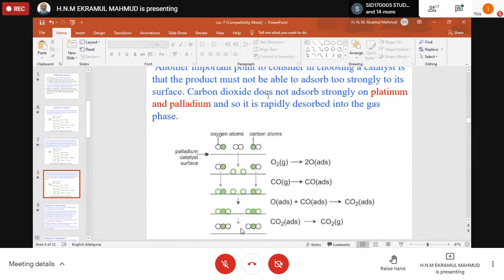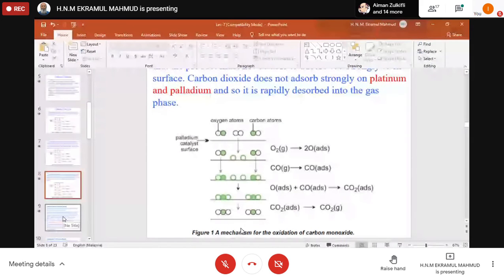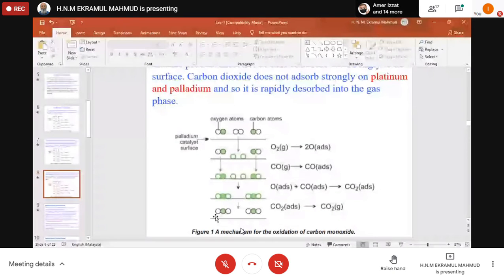So carbon dioxide does not adsorb strongly on platinum or palladium, and so it is rapidly desorbed into the gaseous phase. So this is the criteria the catalyst must meet: it should react with the reactant this way and facilitate the reaction. There should not be any barrier.